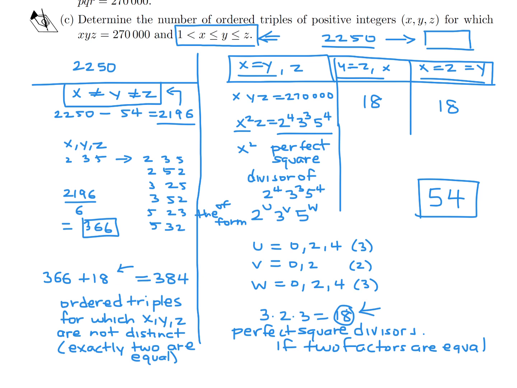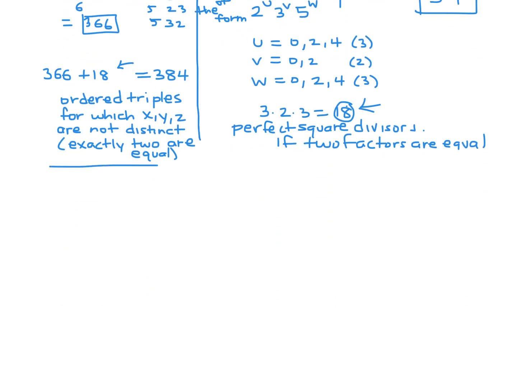I think we have one other criteria that, look at this carefully, x has to be greater than 1. Yeah. So let me put that in inequality again. x is greater than 1, and then less than or equal to y, less than or equal to z.